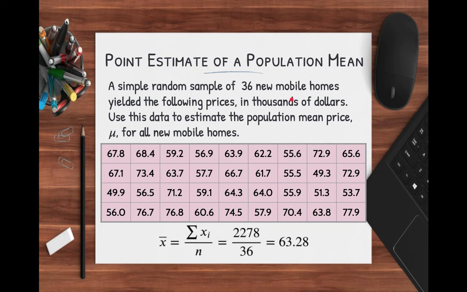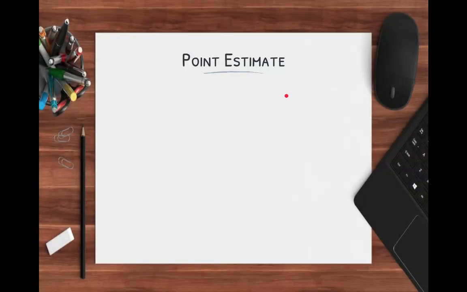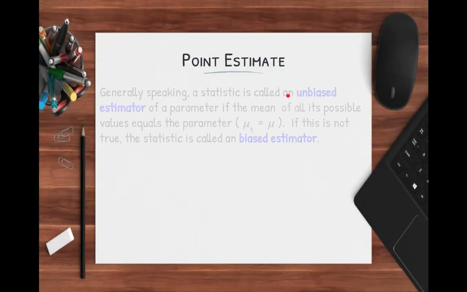So we can do this: add them all up, divide by 36, and we get 63.28 as my mean value, my sample mean from these 36. So based on the sample data, we estimate the mean price of all new mobile homes is approximately $63,280. How good is it, right?